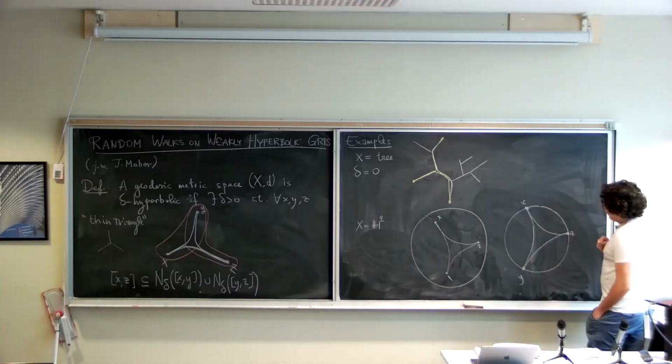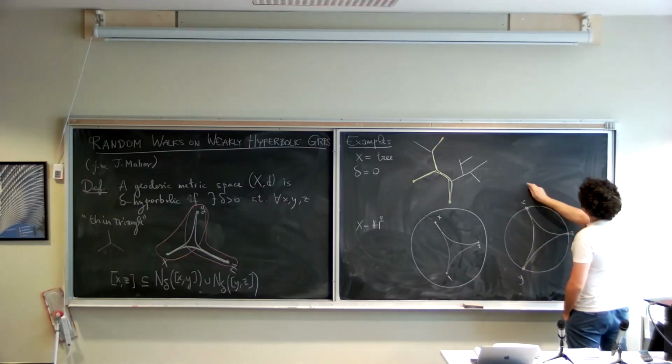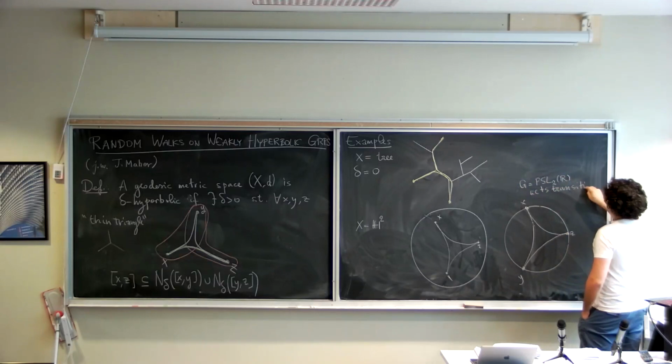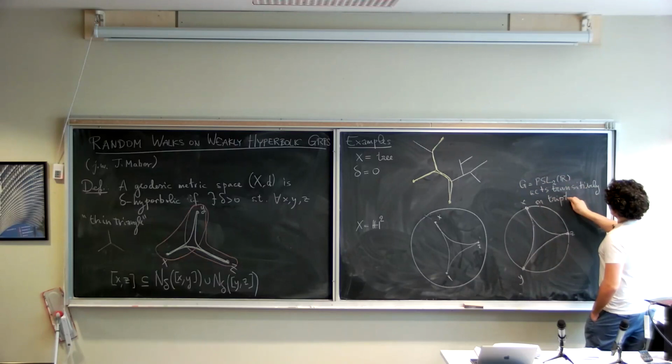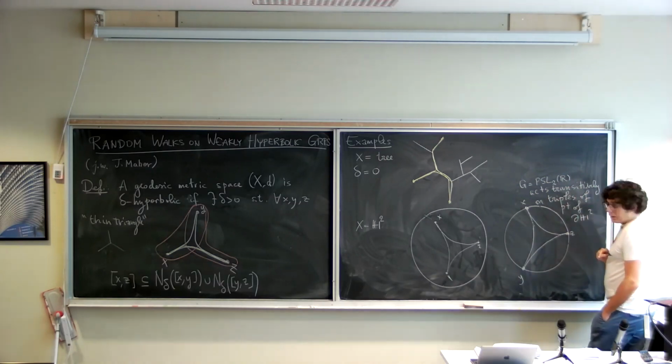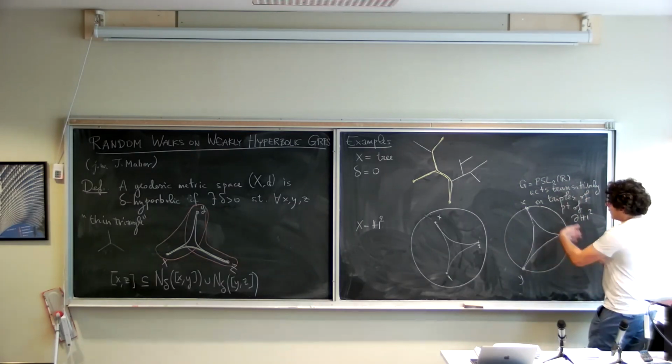The cool thing here is that since G, which is PSL2R, acts transitively on triples of points of the boundary, you have to check only one triangle because all such triangles have the same geometry.